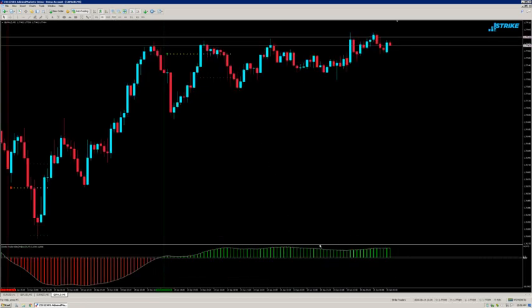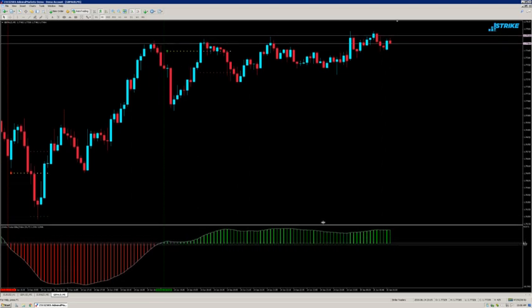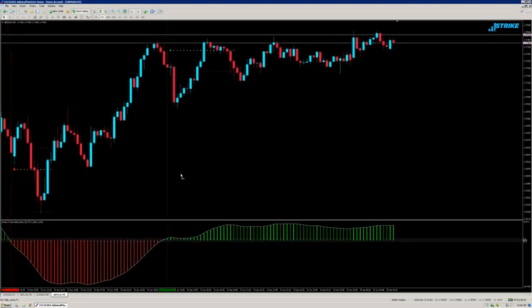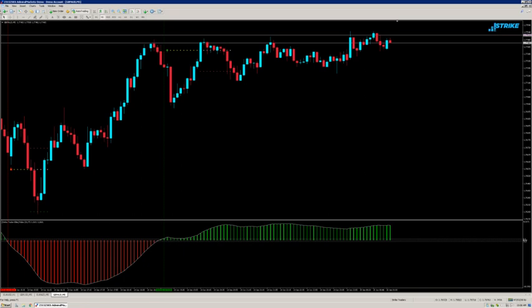As you can see here, when price starts to create some upwards momentum, you start to get a reading above the 0 line here. The central dotted line is the 0 line of the momentum reading.